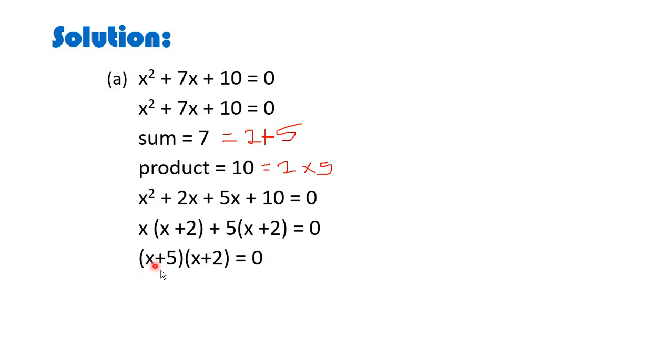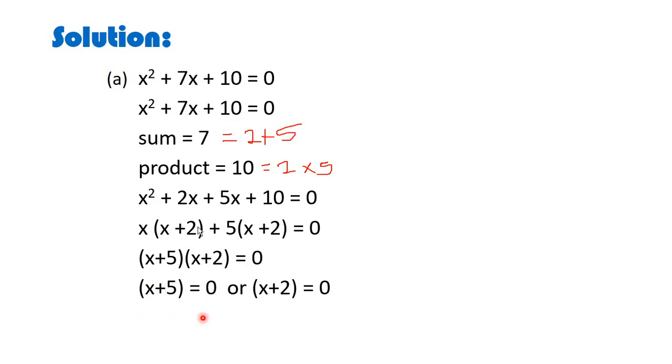You cannot get 0 when you multiply two values except when one of the values is 0. So one of the brackets must be 0, so we shall say either x plus 5 is equal to 0 or x plus 2 is equal to 0.